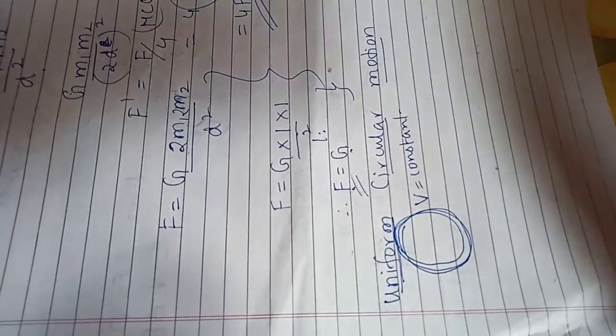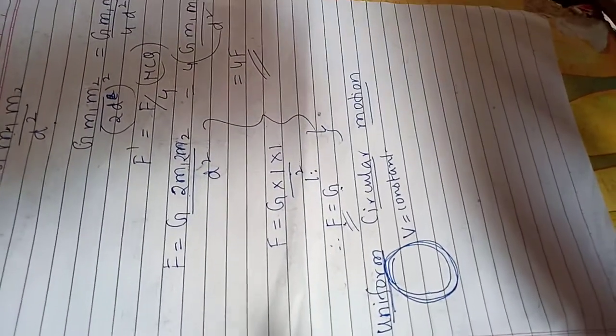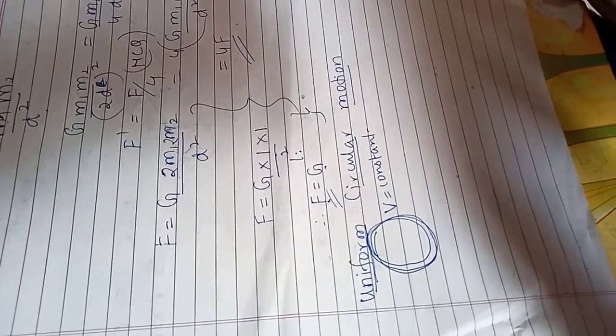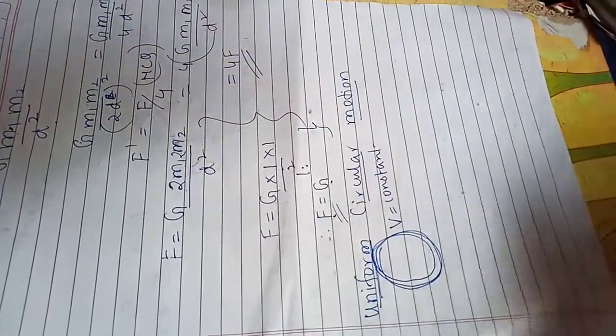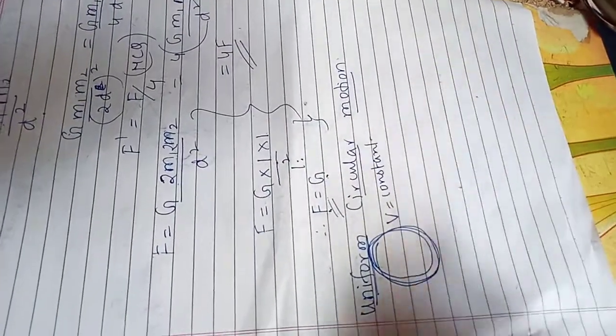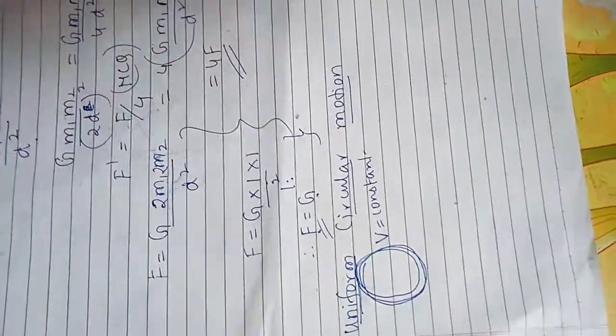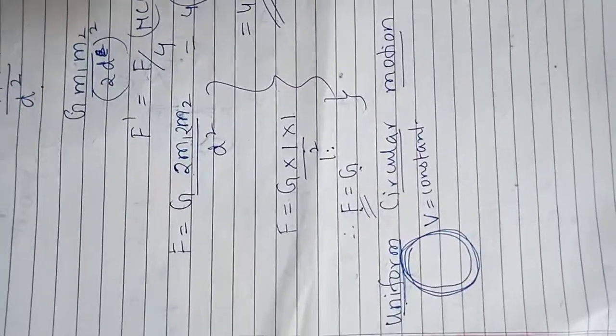If the particle is only moving along the circumference, the motion is regarded as circular motion. But provided the speed of the particle remains constant, then the motion is called uniform circular motion.